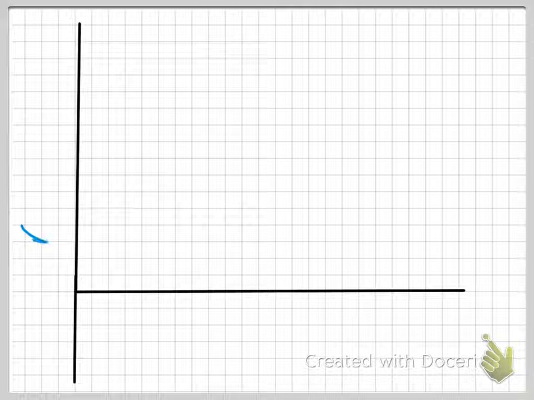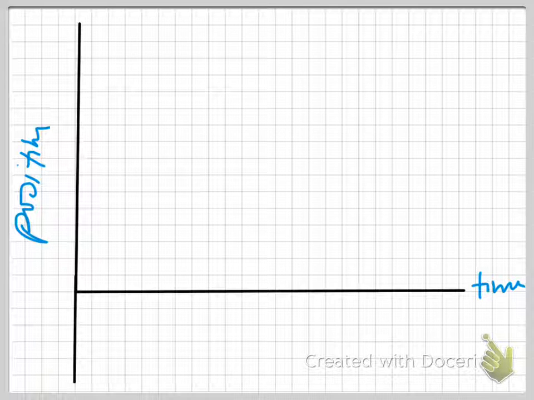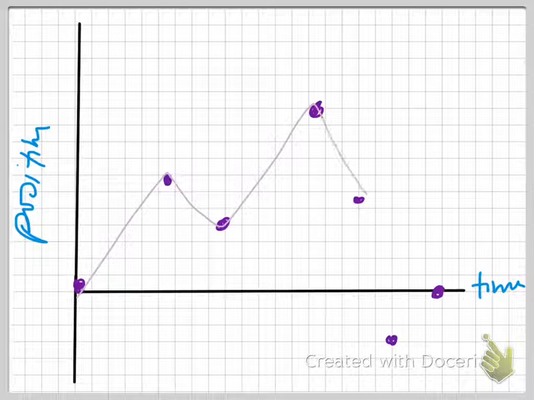So if we look at a position time graph for an object that behaves as follows. Starts at origin, goes to here, goes to here, goes to here, goes to here, goes to here, and then ends up here.